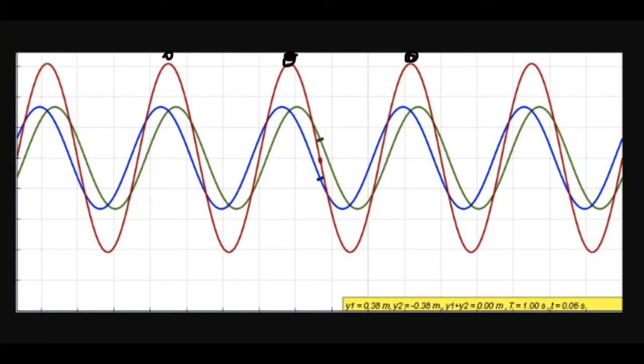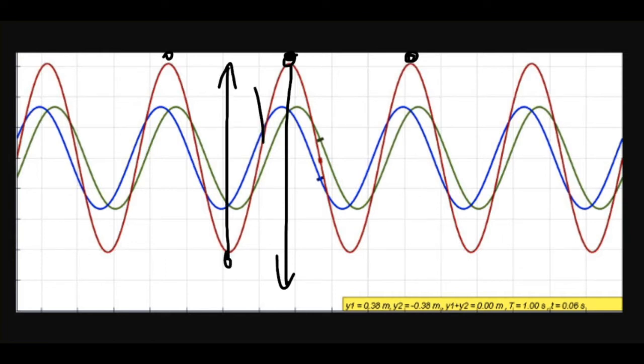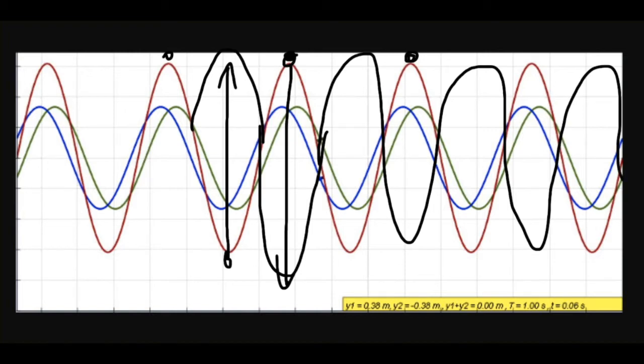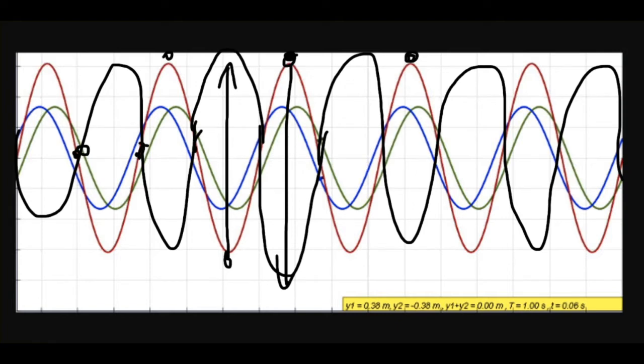This is going to eventually move all the way back down, and this one here is going to move back up. So then it'll look like this, and then this one will look like this, right? And I can fill it in like this. Okay. So there are these places all along here that don't ever actually move at all.